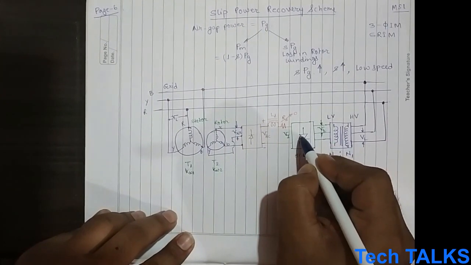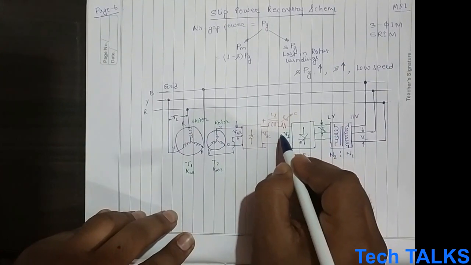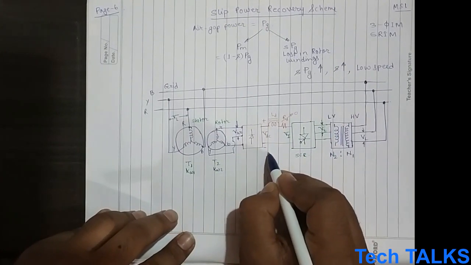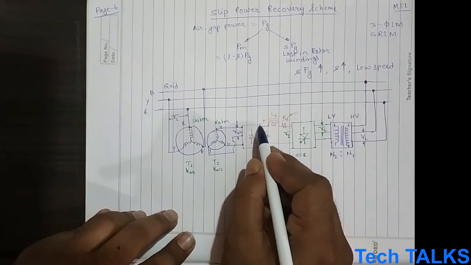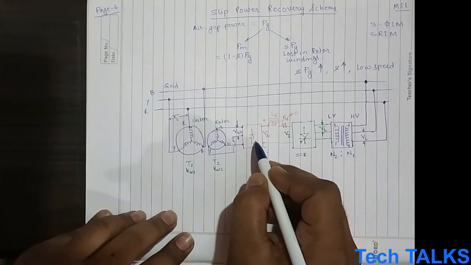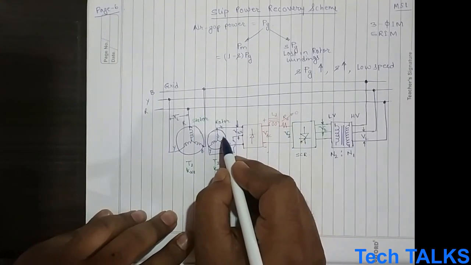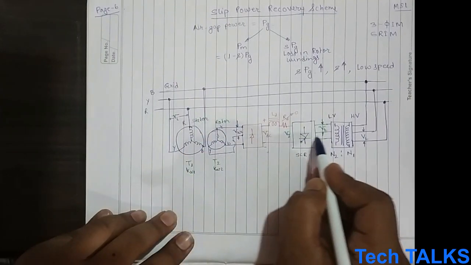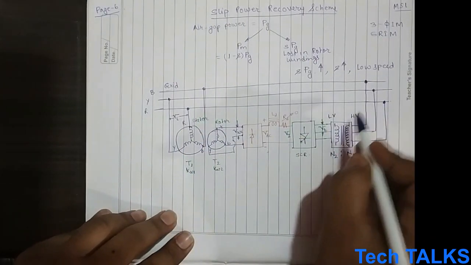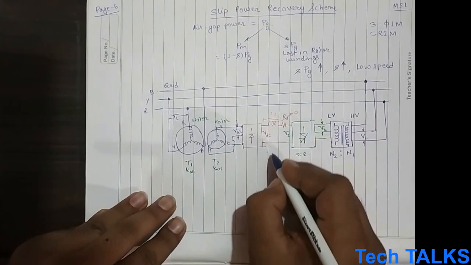This one will convert your AC to DC, but when it converts AC to DC, this side will be positive and this side will be negative. This diode will not conduct. All of the 6 diodes present over here will not conduct, so no power will be transferred to this side. The only way power can be transmitted is in this direction. This is the DC link inductor.